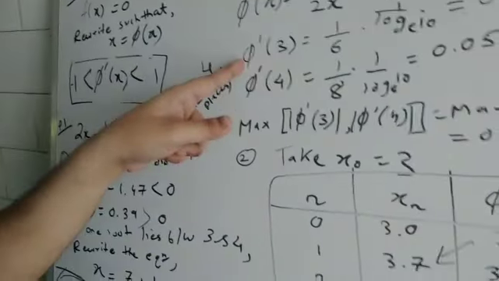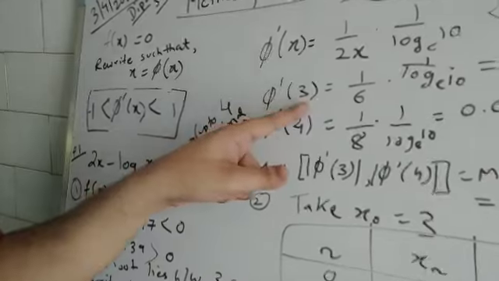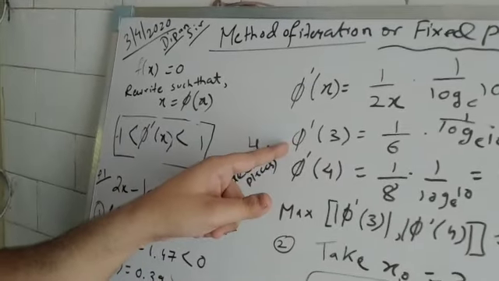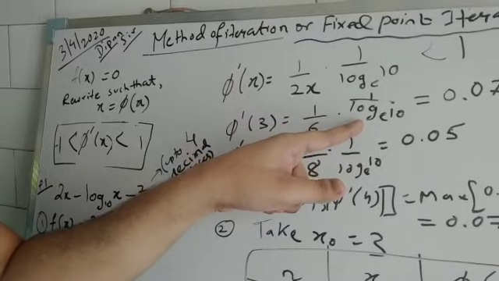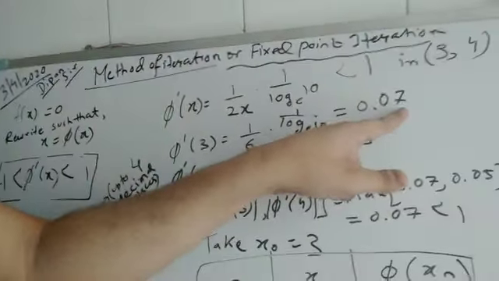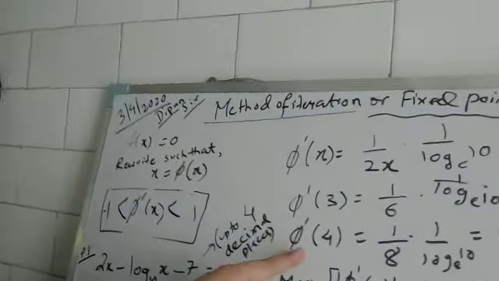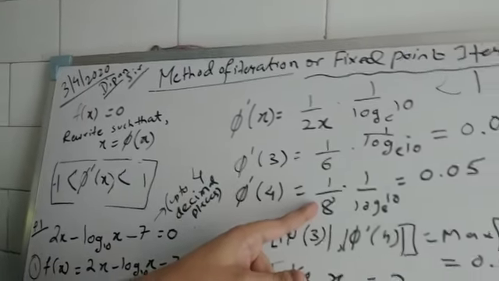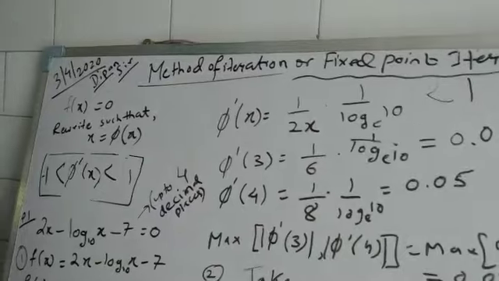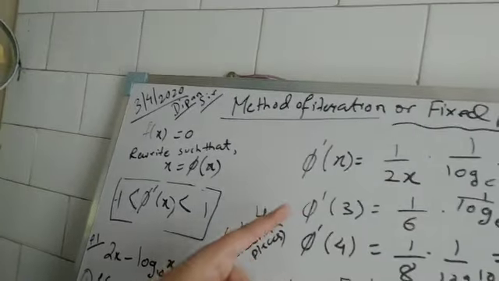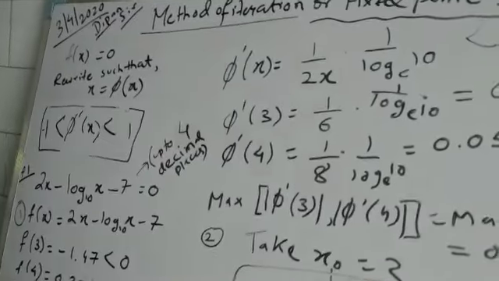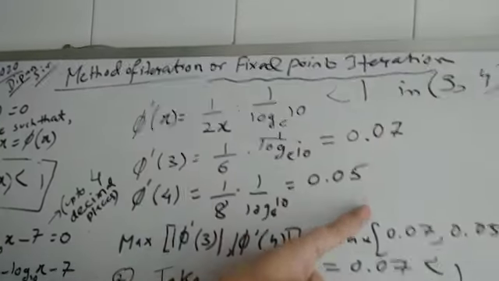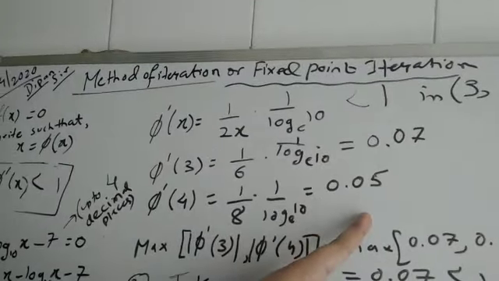Okay, so if I put x is equal to 3 here, what I will get is 1 by 6. This part will remain the same and you will get 0.07. And if I put x is equal to 4, then I will get 0.05. Right? So these two values you will get. Now see which one is maximum, this one or this one.